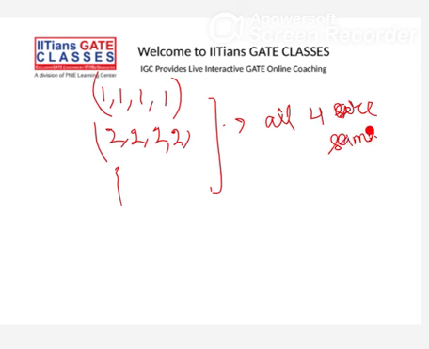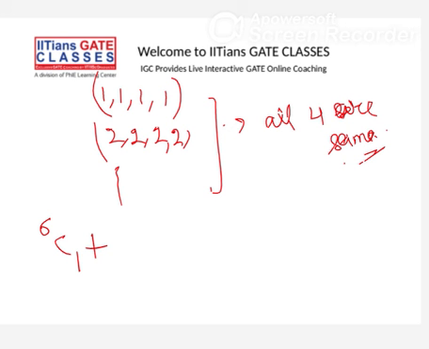So how many such structures will be present? 6C1, because they are saying single arrangement. So out of 6, you select one and then you arrange it. So 6C1.